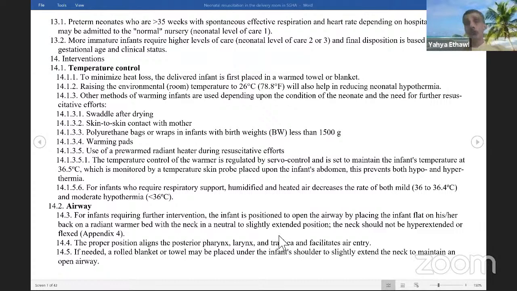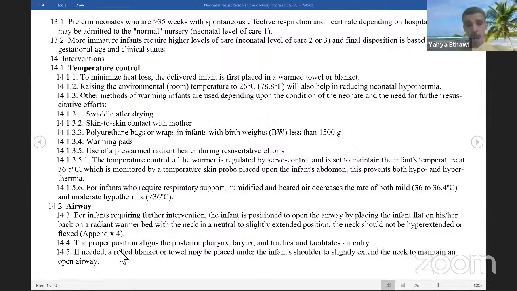Sometimes, most of the time you don't, but sometimes you have to put a shoulder roll below the upper part of the shoulder. And remember not to do very hyperextended, because hyperextension also will block the upper airway. And there are pictures at the end of the protocol.